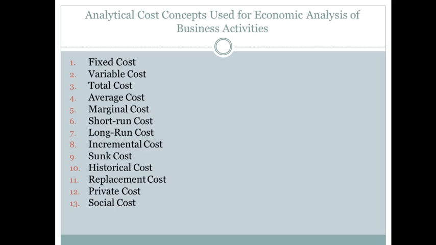For your syllabus, all these types of costs are not there, but here it is a mixture of both the types, that is accounting purpose as well as economic analysis for business activity type. So here for your syllabus, fixed cost is there, variable cost is there, marginal cost. These three things are from economic analysis type, and explicit, opportunity cost, real cost, these are from accounting purpose, and average cost and total cost are from economic analysis.